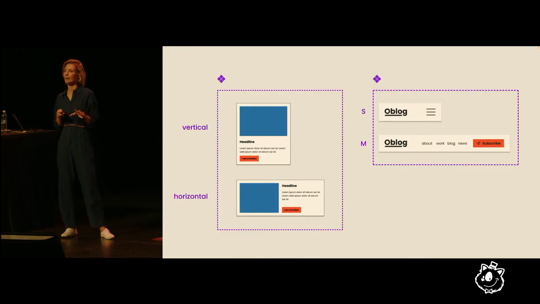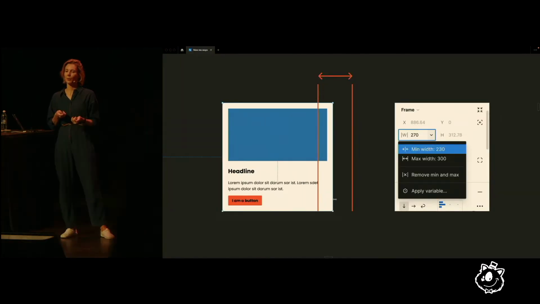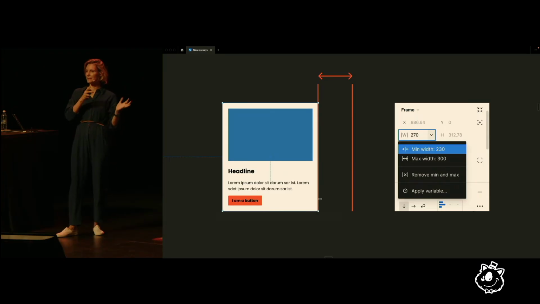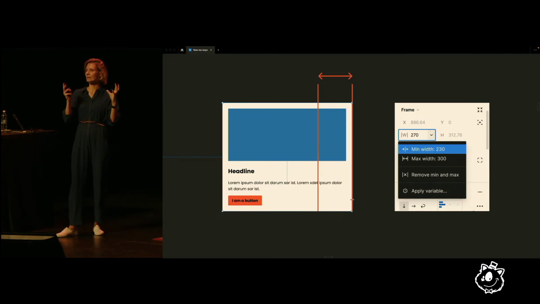Now, we're going to do the same with our responsive setup. So we're just going to have one, let's say our navigation with the burger menu as a variant, and then we're going to have one for the larger screens. And then what we can do now, we can add min and max width. So we can say till what point we want this to be used.